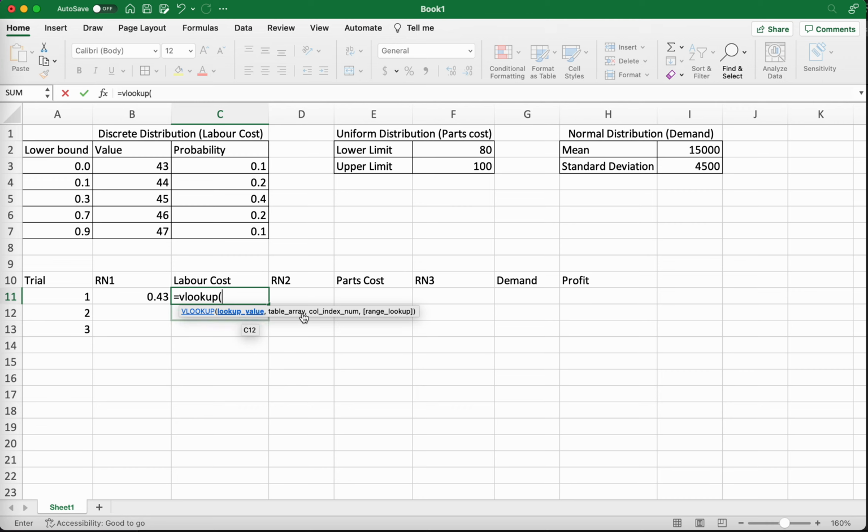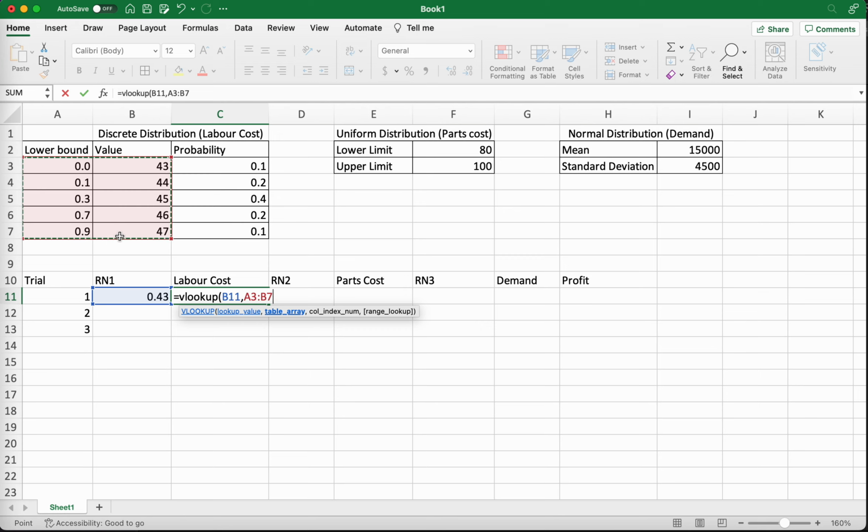Any value within the square brackets in the formula hint you don't need to input. For this formula, we'll be inputting these 3 numbers. The lookup value is the random number that we generated. Next is the table array, which includes the lower bound values and the values of the random variable.